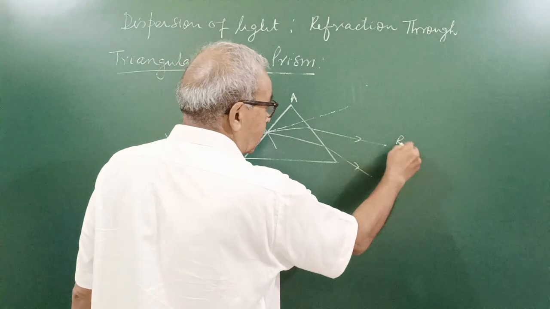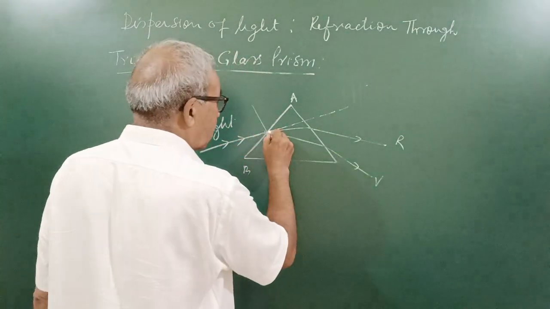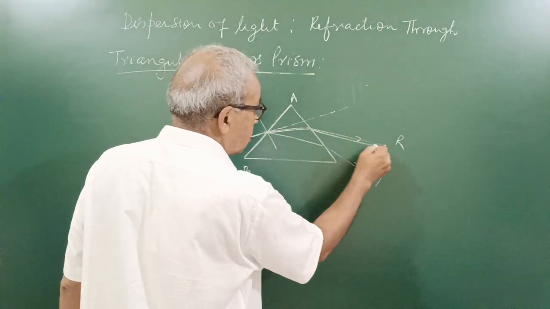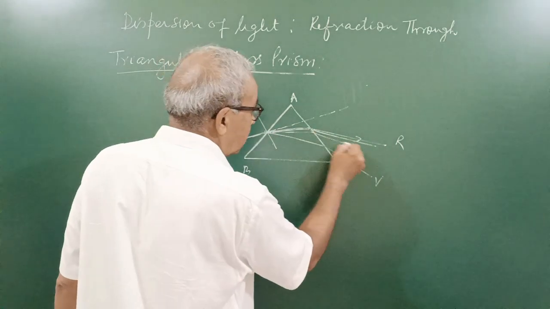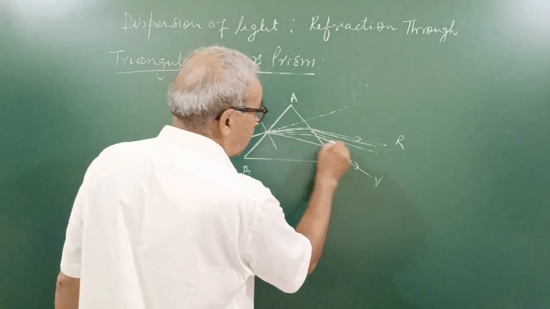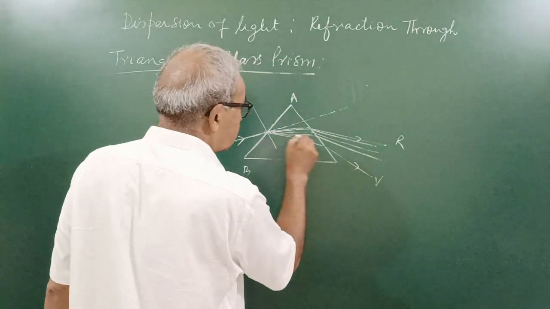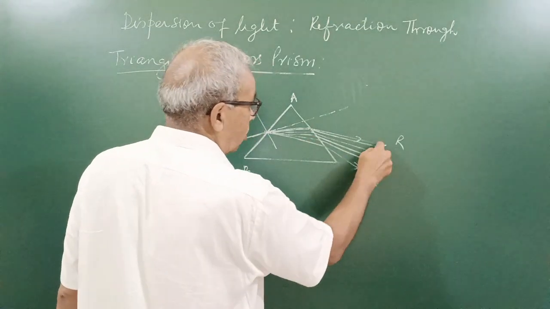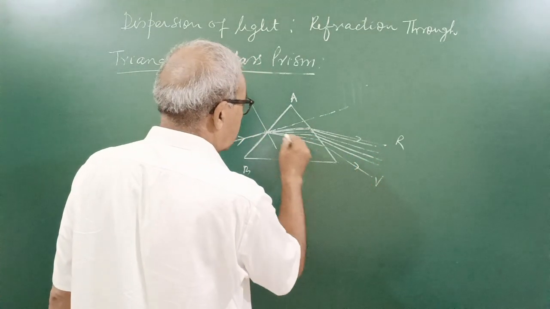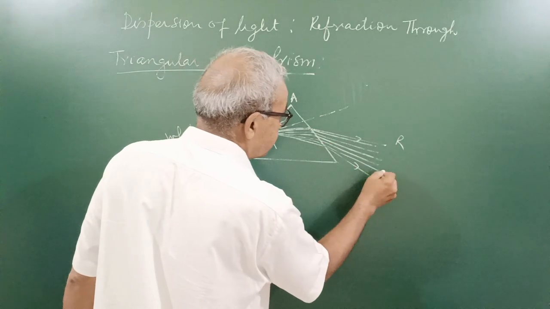These are 2 colors, red and violet. Other colors in between. And Newton found these colors are 1, 2, 3, 4, 5, 6, one more, 7 here.